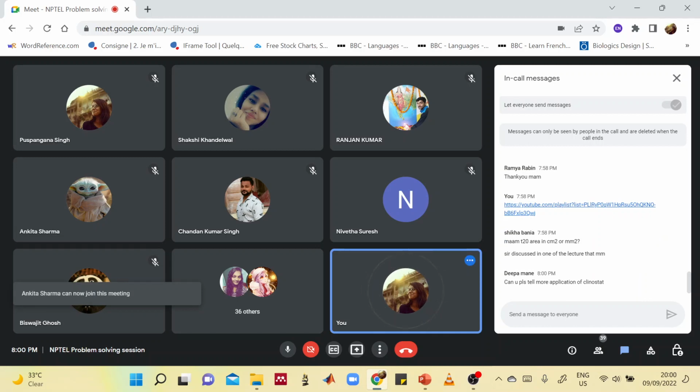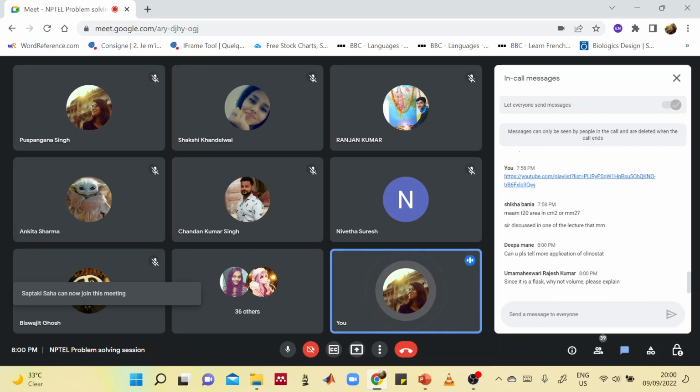Application of clinostat. As I mentioned earlier, it is used for simulating microgravity. Suppose you want to see how a kind of cell or a kind of plant behaves. It's mostly used in plant cell culture. There's something called geotaxis, right?